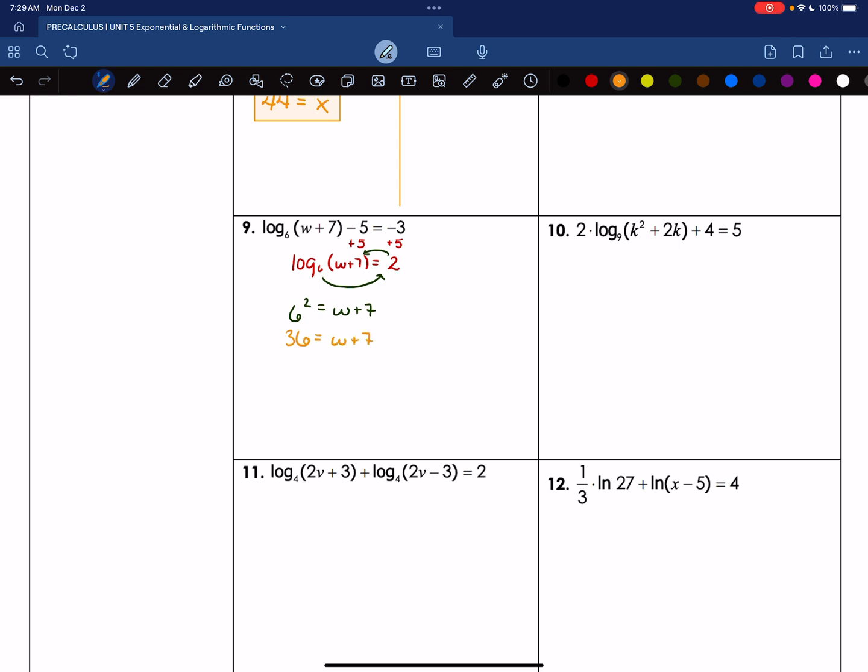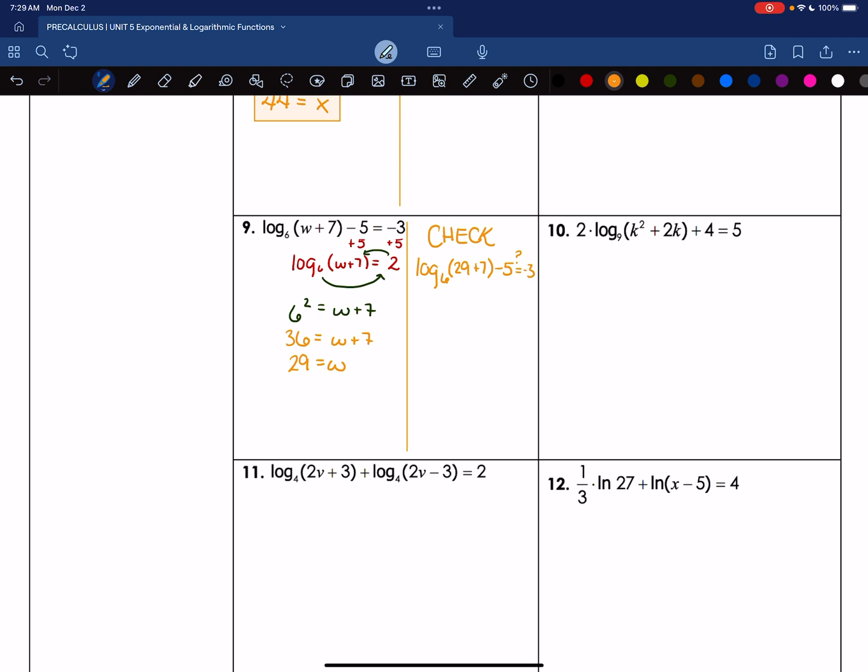And then to get w by itself, I'm going to subtract 7 on each side. That's going to give me 29. All right, and then the check is just found by taking and plugging it in and making sure that when you take 29 plus 7 inside the argument of your logarithm and subtract 5 from that, it should equal -3.